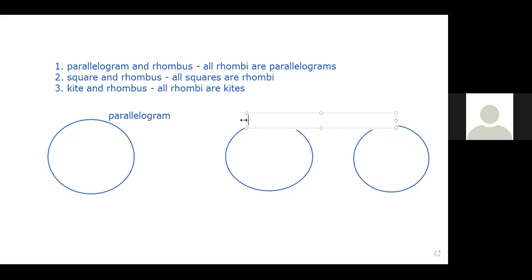So here it is rhombus, and here it is kite.